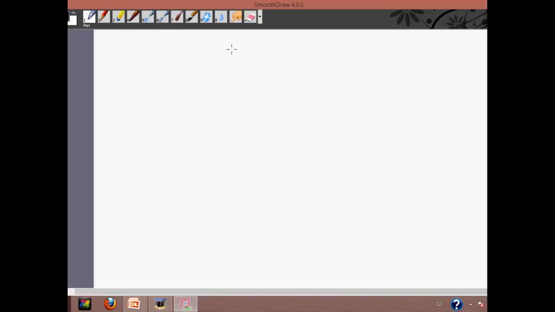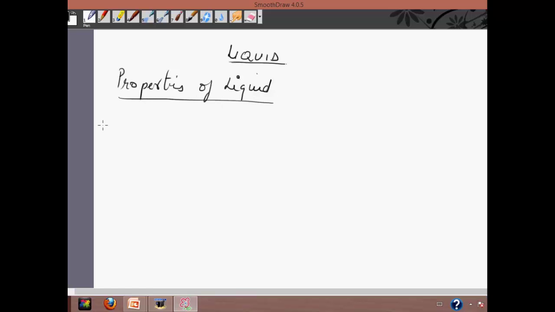First, the separating funnel. As we are talking about liquids, we should first know the properties associated with liquids. So what are the properties?